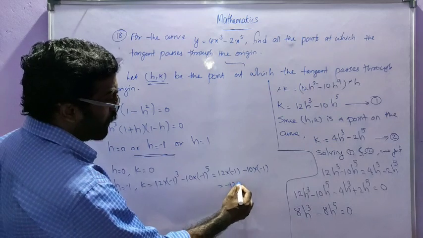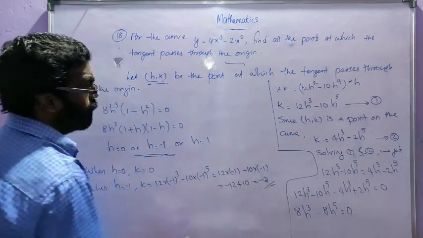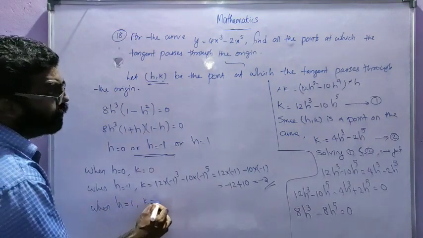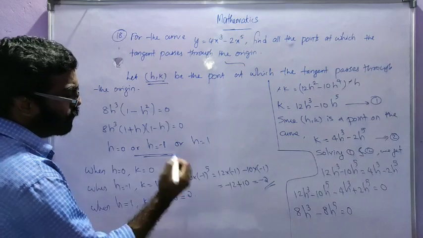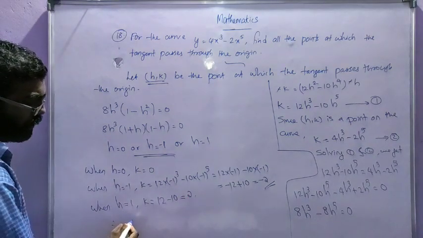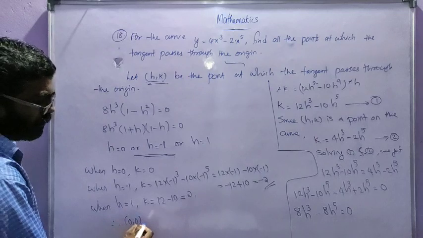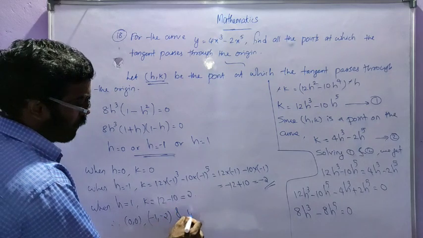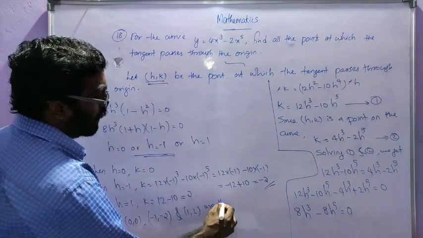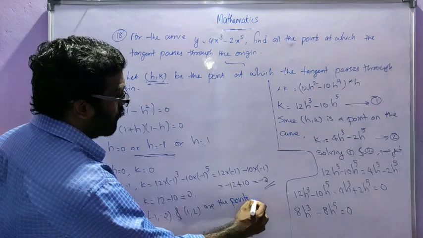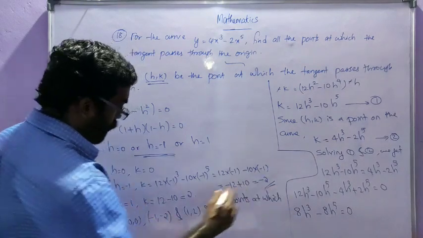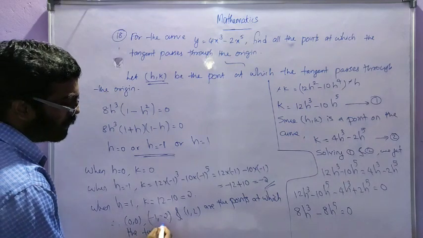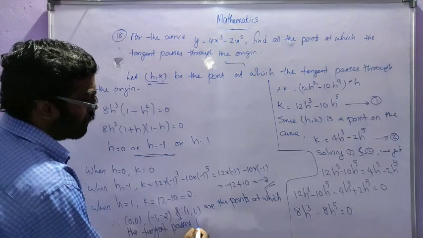That is -12 + 10, which is equal to -2. And when h = +1, k = 12 - 10, which is equal to 2. So therefore (0, 0), (-1, -2) and (1, 2) are the points at which the tangent passes through the origin.